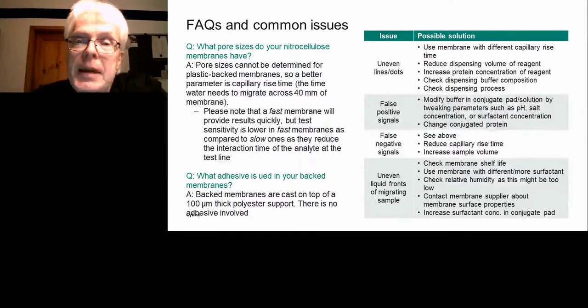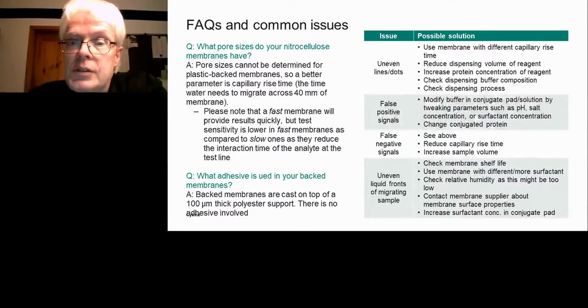If you do that, you may have to increase the protein concentration of the reagent. You will take care of the buffer composition, and you will check the dispensing process. And although many people don't like to hear that, in a sizable number of cases, the reason for uneven lines and dots is lack of maintenance of the dispensers. So it makes sense to clean them properly and to take care of their function.